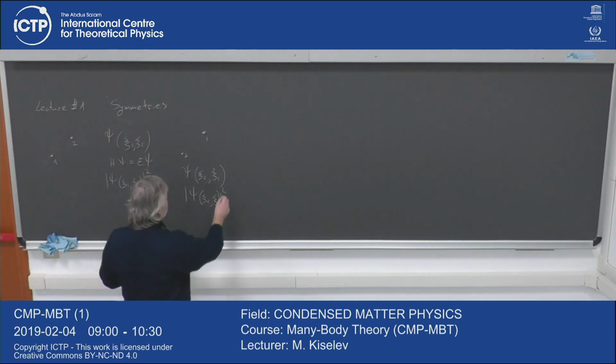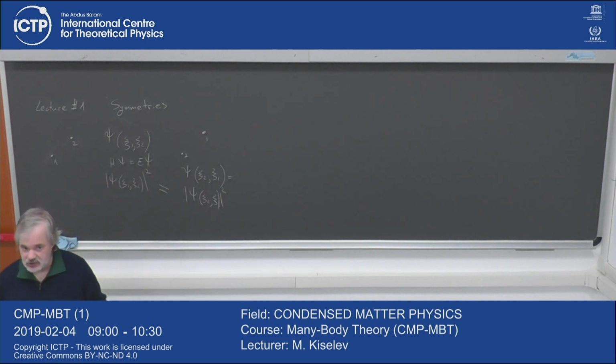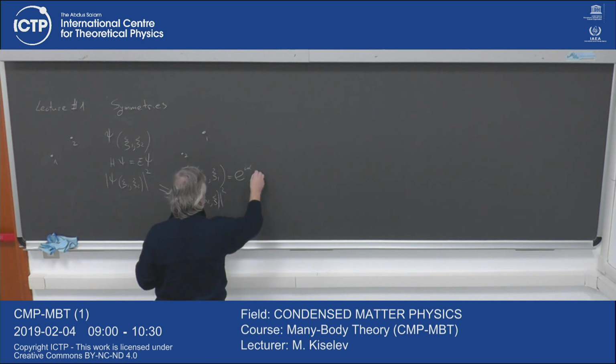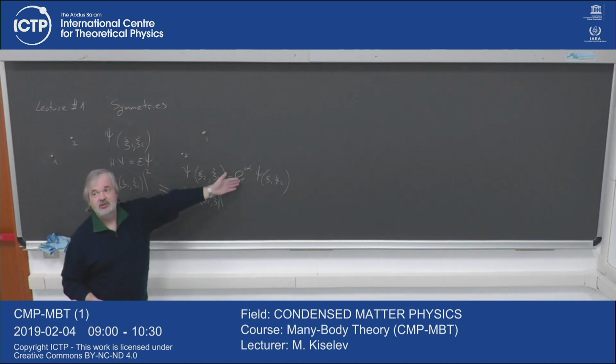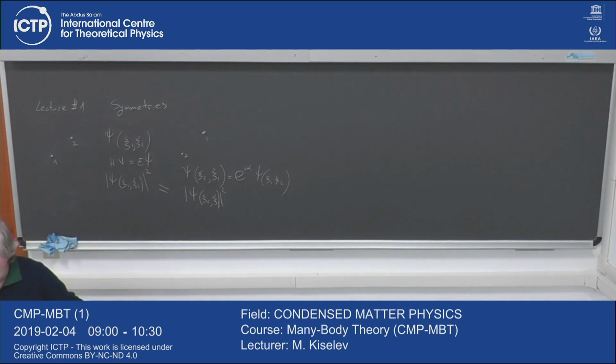Therefore, the only difference which can appear because of interchange of two particles is an extra phase. I will denote it as e to the power i alpha, times psi(ξ1, ξ2). Because of this extra phase, when we square modulus of the wave function, we get the same result.